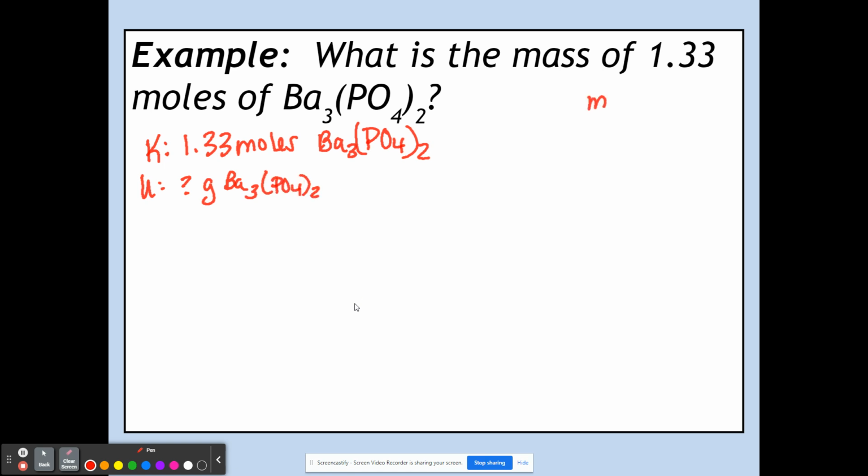So I'm going to go from moles to grams. I start with my known and put it over 1.